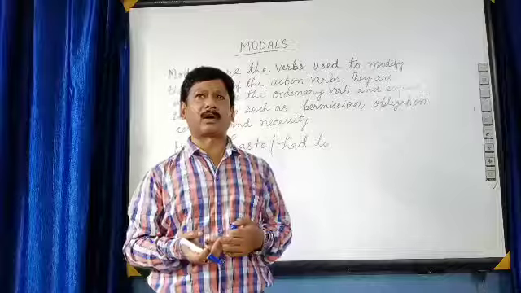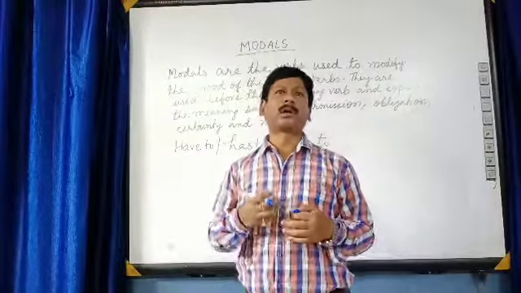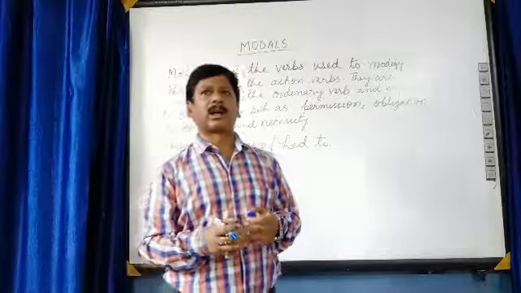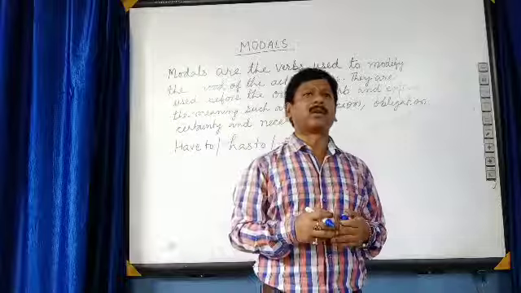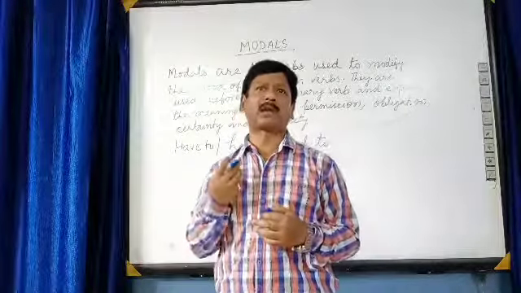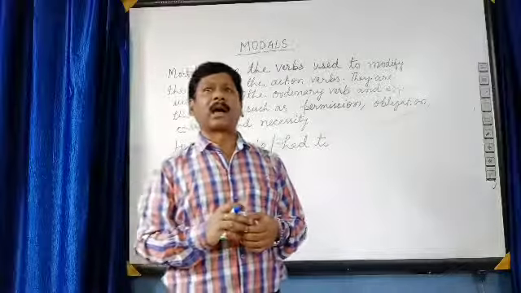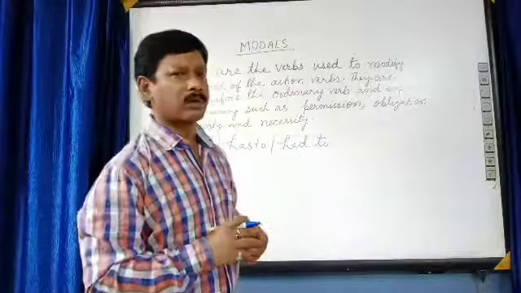If you don't finish the work, you will get punishment or you will not be able to move forward in the class. So at any cost you have to do your work. In that case you use have to.